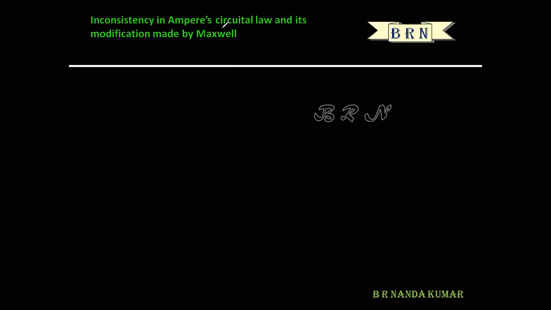Sometimes it is correct, sometimes it is not correct for some kinds of situations. So that is called the inconsistency in Ampere's circuital law and its modification made by Maxwell.